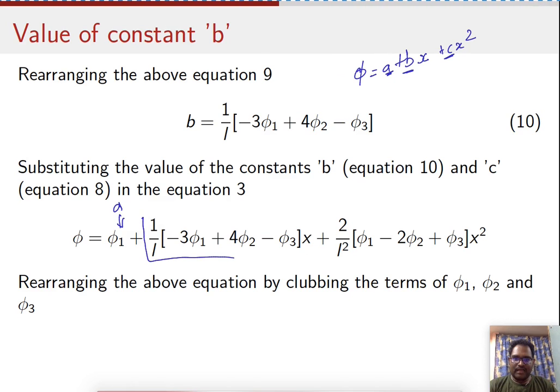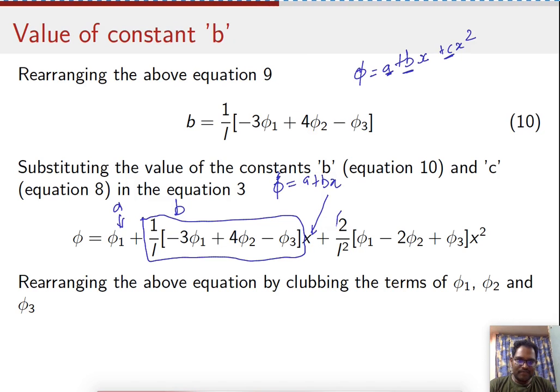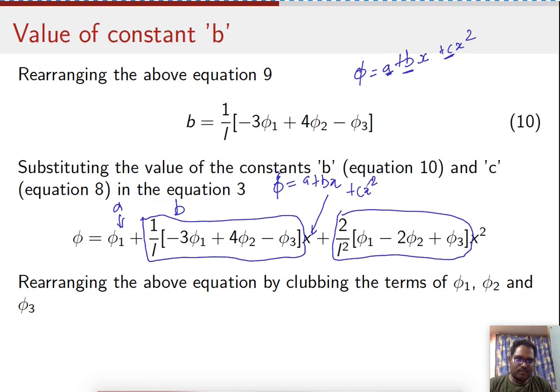This term as a whole is B. So I can find out the characteristic equation is basically phi is equal to A plus Bx. So you have the x term that is appearing, and this whole term corresponds to C, and we have an x square that is present over here. Okay, so we have just substituted all the constant values in this equation.